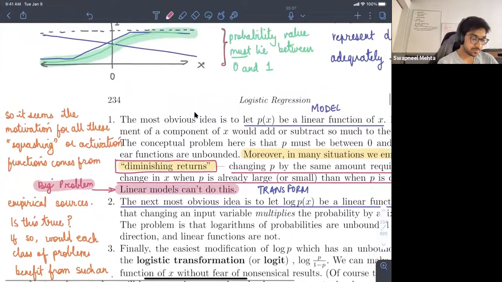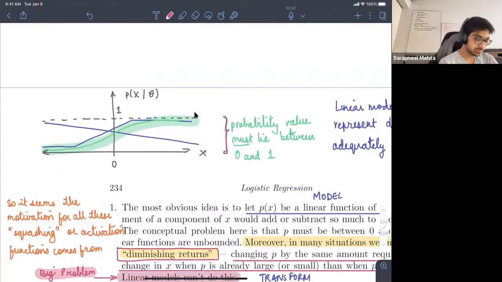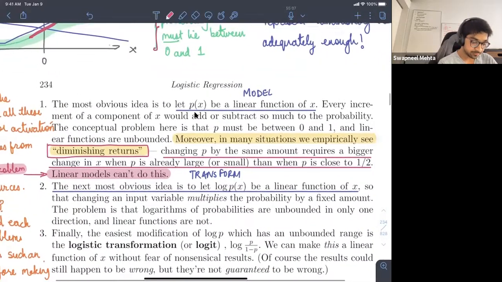The second problem is that in a linear model, there is a concept of diminishing returns that is not satisfied. Diminishing returns means that at higher or lower values, at the extremes, p changes far more slowly than at the central points.